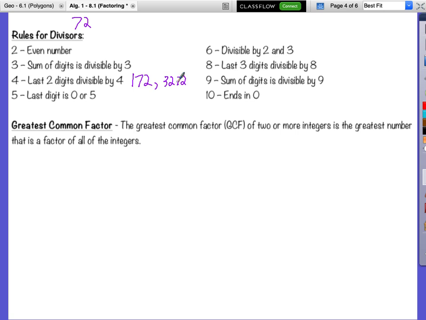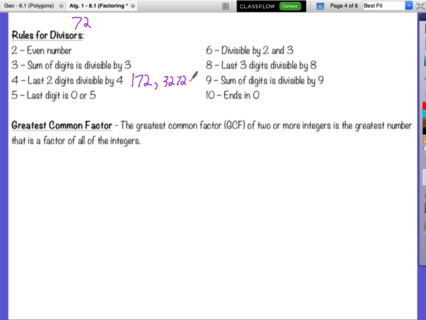It goes into that as well because the last two digits are divisible by 4. Why'd you skip 7? Because there's no shortcut for 7.